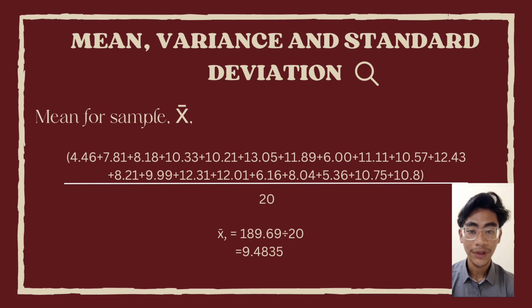After we insert all the data, the final answer we get is 189.67 divided by 20, and the answer is 9.4835.